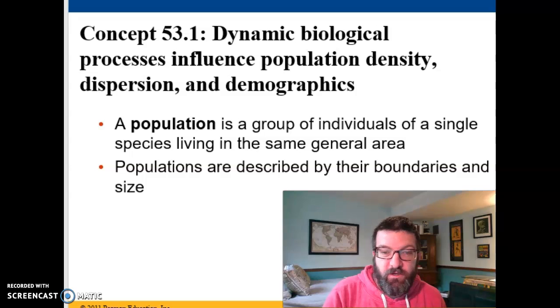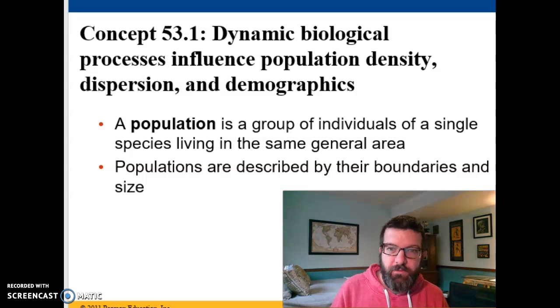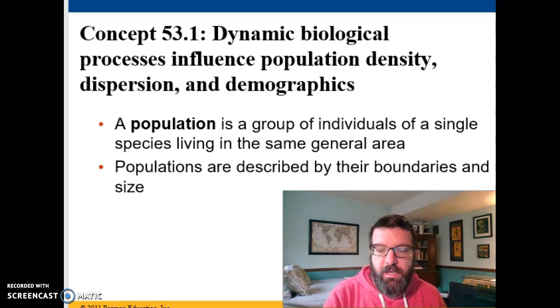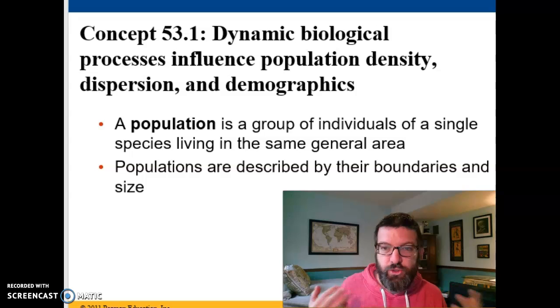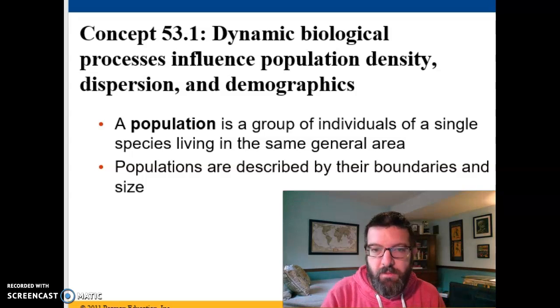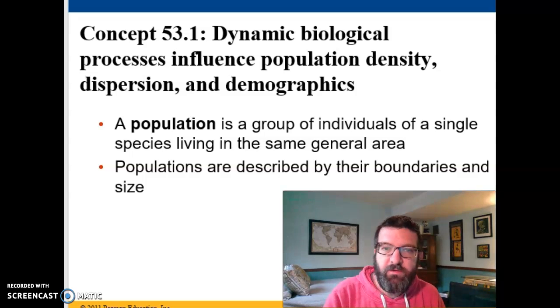Let's start by revisiting our definition of a population, because it's always been a little bit fuzzy. A population is just a group of individuals of the same species living in the same general area. And we've talked about them in terms of population genetics, essentially as a gene pool, right? A group of individuals who can swap DNA, who might mate with one another and produce offspring. But again, this is a little bit of a gray area.